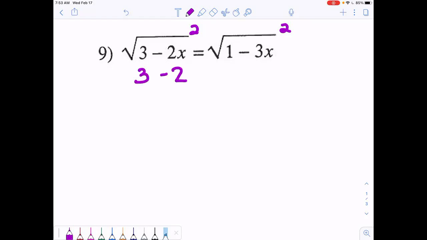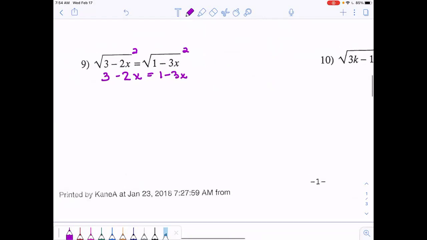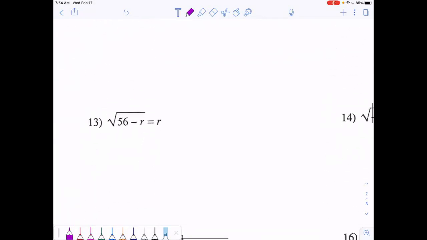Yeah, they both just cancel because it's just a square root, not like the problem we just did where you had that extra +1. So that one is number 9, pretty straightforward. So the square roots cancel out, and then you're just left with the quantities underneath to solve for.